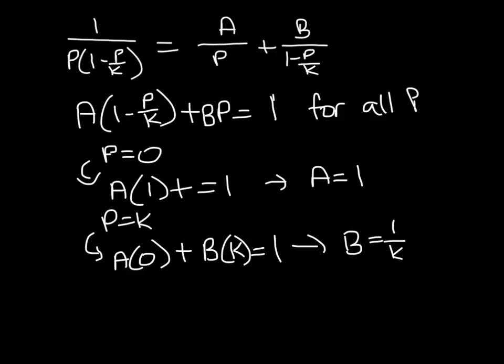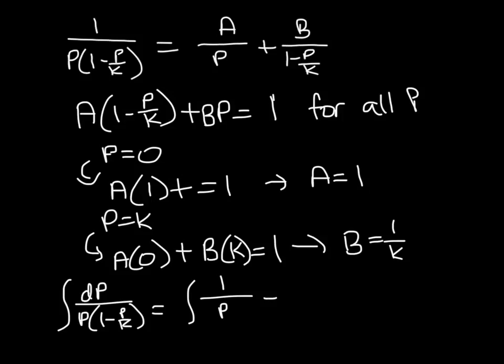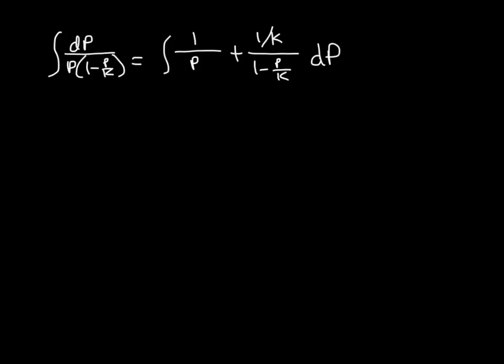And now we can rewrite our integral of dP over P times (1 minus P over K) as the integral of 1 over P plus (1 over K) over (1 minus P over K) dP.